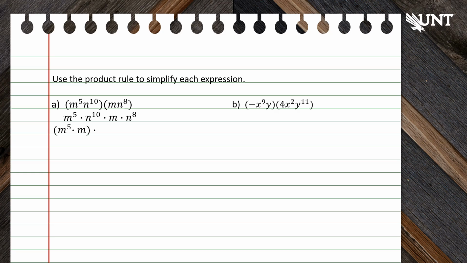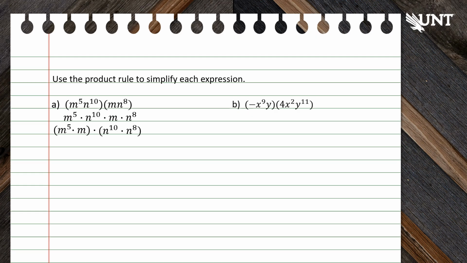So I'm going to write an open parenthesis, m to the 5th times m, and close my parenthesis. That one set includes all of those values. Now my other group in this case is n's, so I will use a different parenthesis set, and inside it will include n to the 10th times n to the 8th. And again, all we've done is organized or regrouped it.